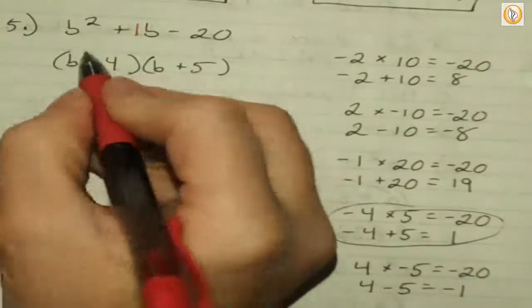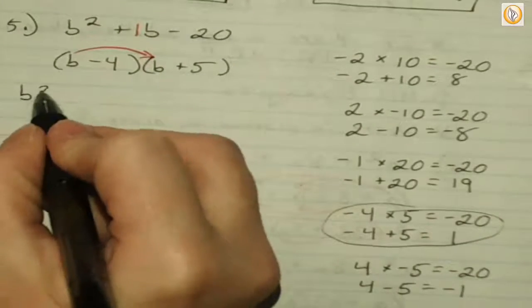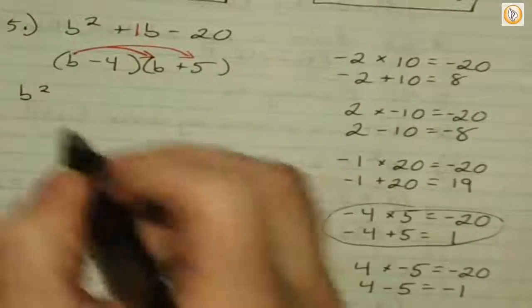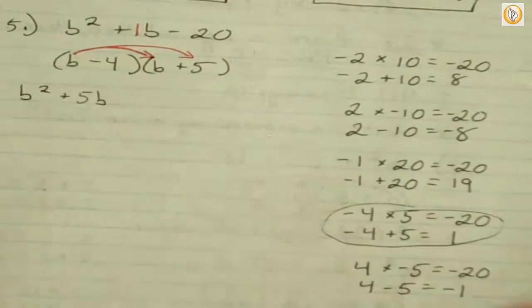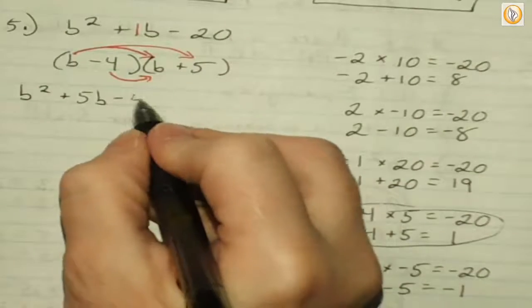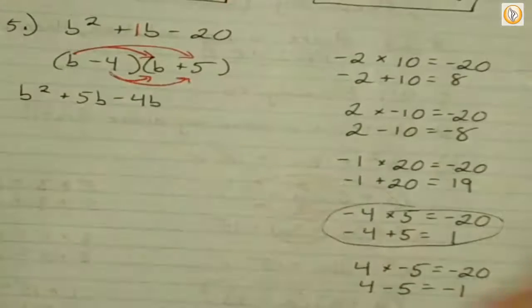If we check, we have b times b is b squared. B times 5 is 5b. Negative 4 times b is negative 4b. And negative 4 times 5 is negative 20.